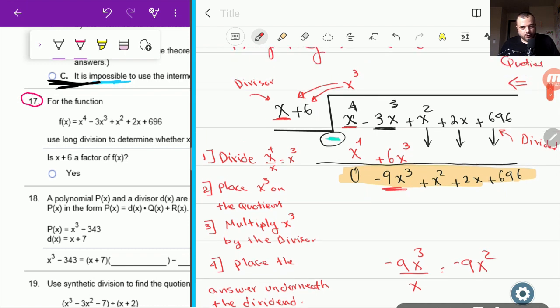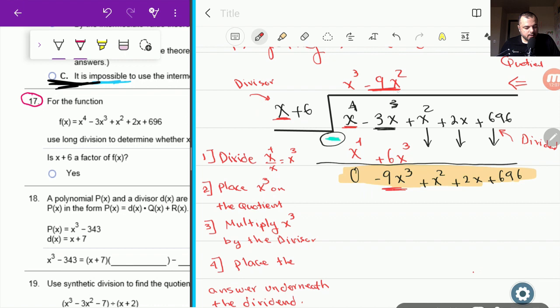Then we place the answer in the quotient, so we place it here. Then we multiply again. We multiply this new term, and we ignore everything else. We ignore the first one, x cubed.